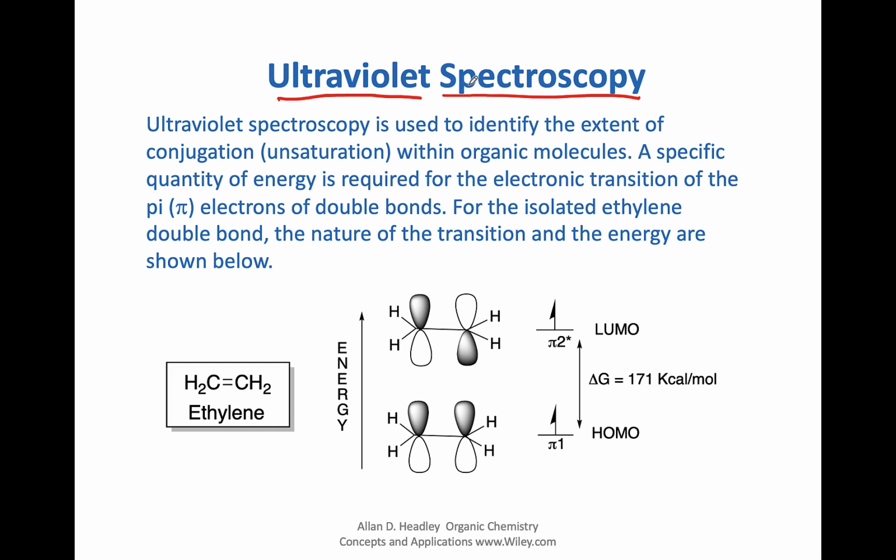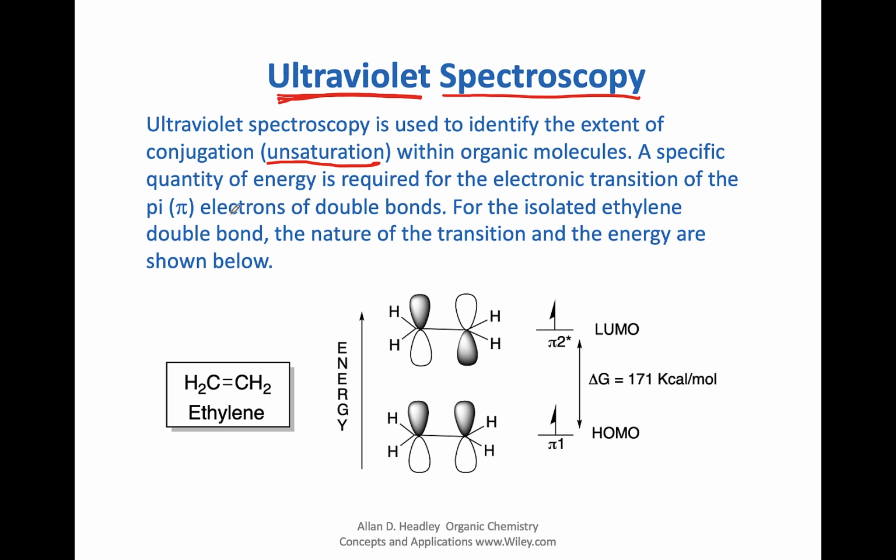So what we'll do here is look at the interaction of molecules with energy in the ultraviolet region of the electromagnetic spectrum. The type of molecules that interact with energy in this region are molecules that are unsaturated or have conjugated double bonds.